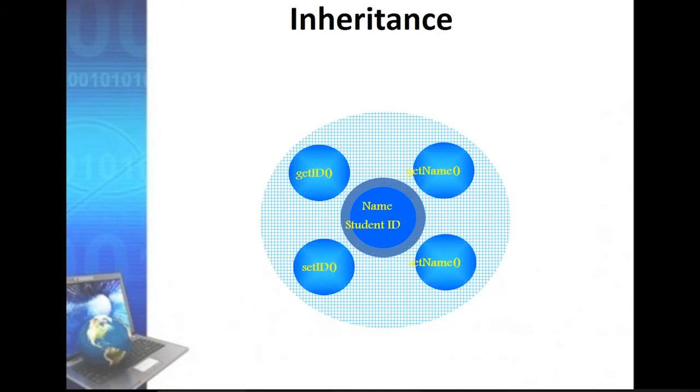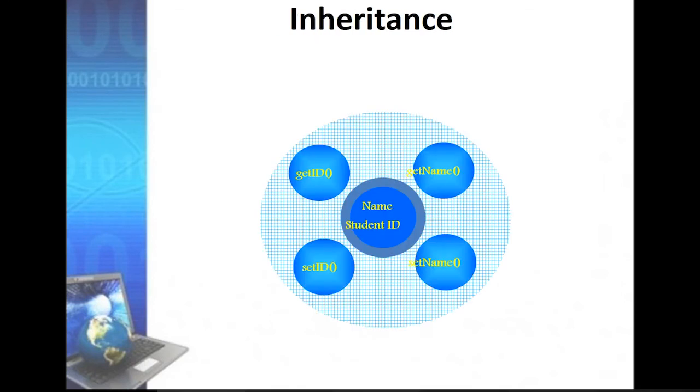Ayan, inheritance. So, you have get ID, you have get name, set ID, set name. And then you have your name and student ID. Okay?